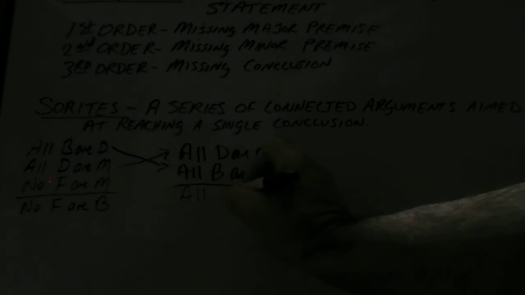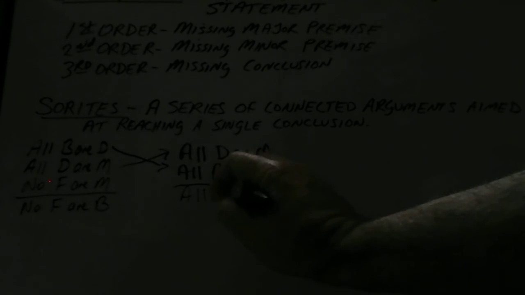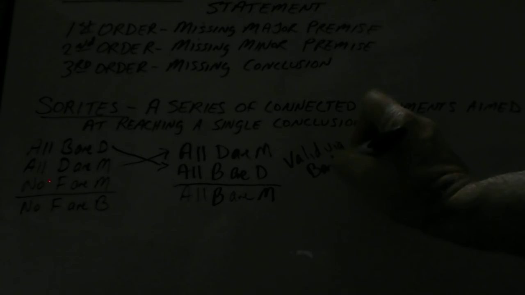So we know that it's going to be AAA figure 1, so this is going to be an A statement, all B are M. Now, middle term is a D, which means that the minor term is a B. The minor term is always the subject, and the major term is M, right? Because that's always the predicate of the conclusion. So now we've seen that that first argument is valid via Barbara.